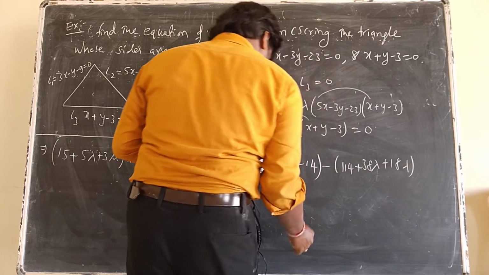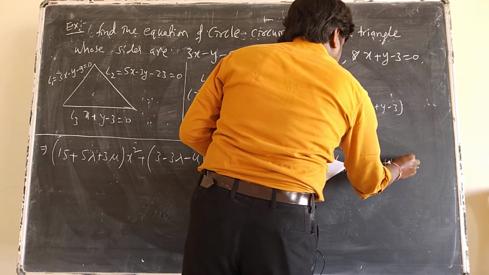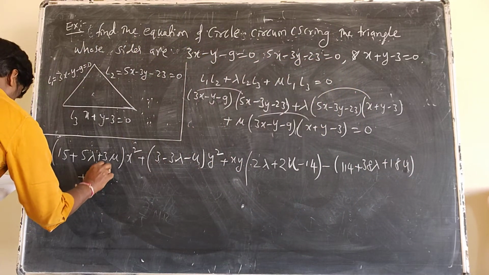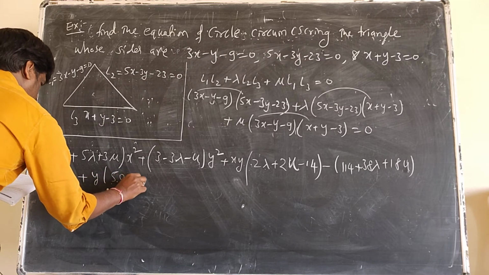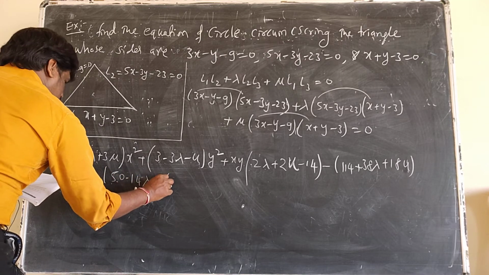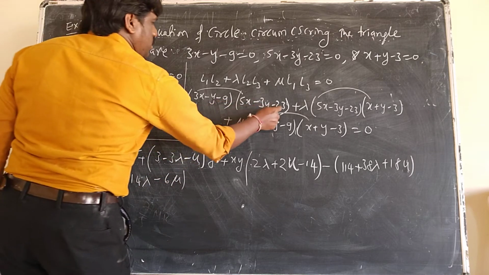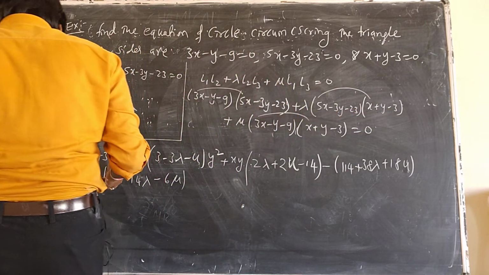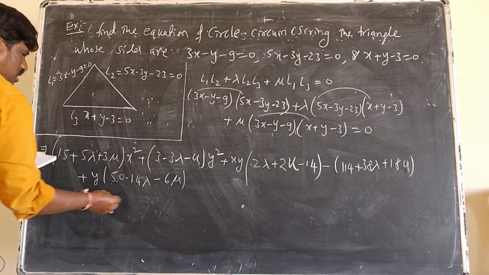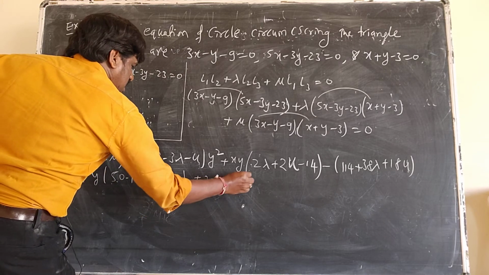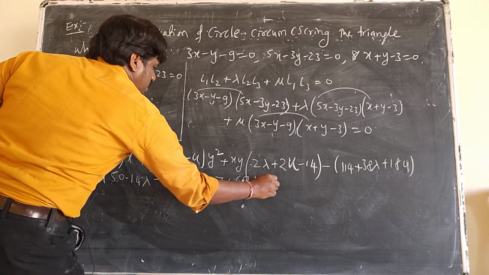Then y is 50 minus 14 lambda minus 6 mu. Constant into constant gives the constant: 207 plus 69 lambda plus 27 mu.